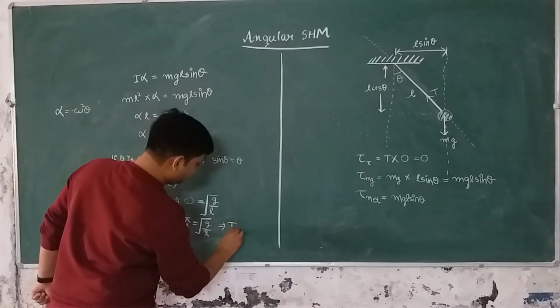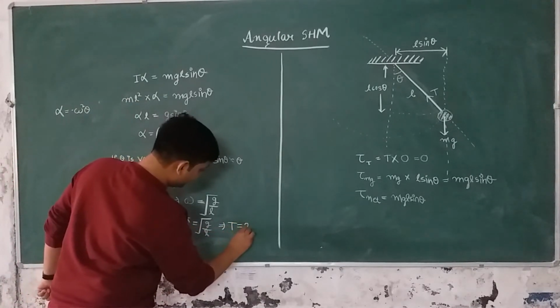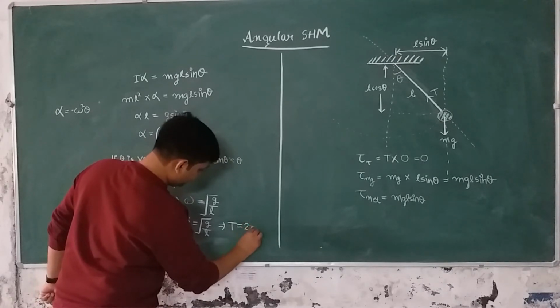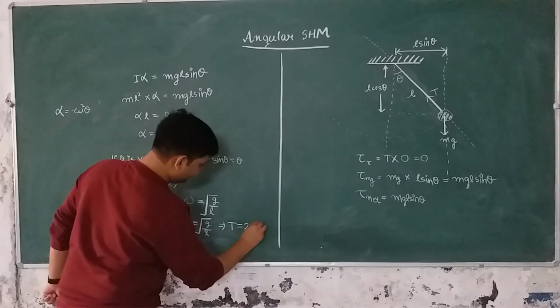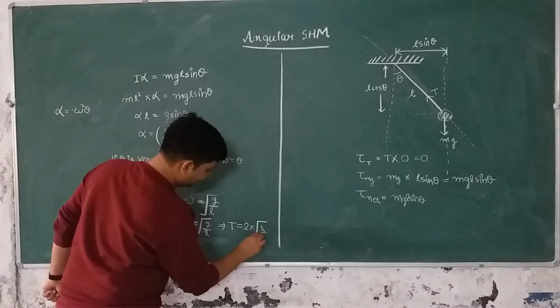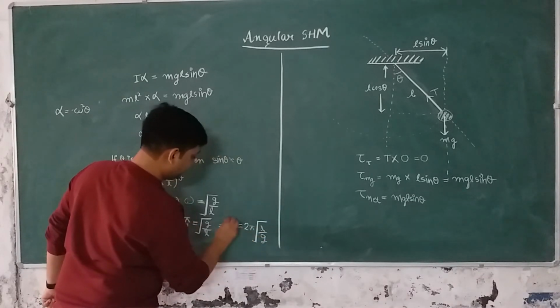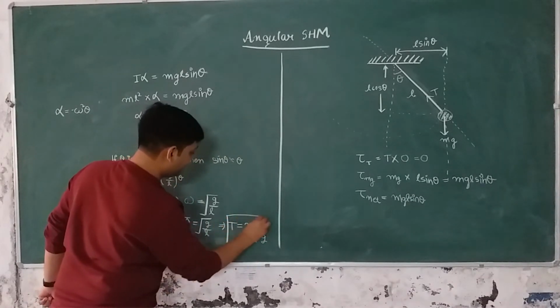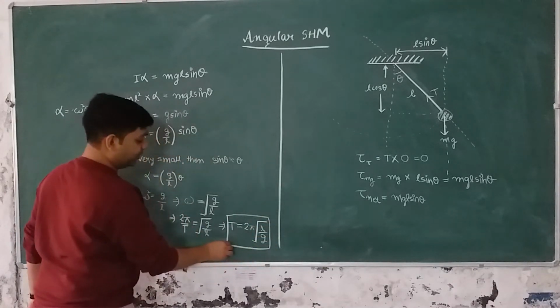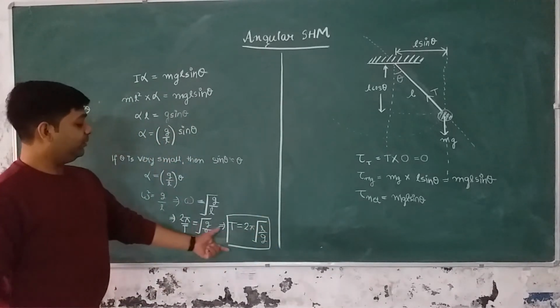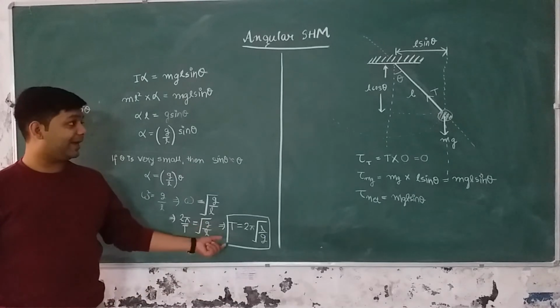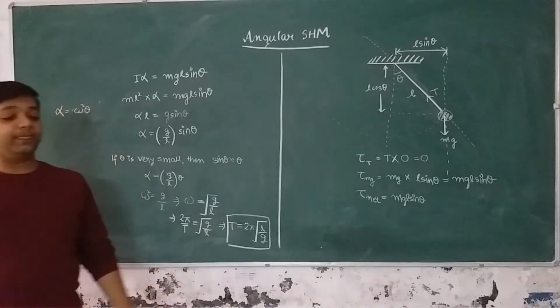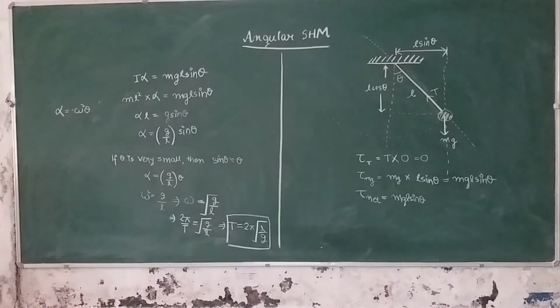So T is 2 pi under root of L upon g. This is the time period of a simple pendulum. Please note this down, and then we shall take our discussion forward.